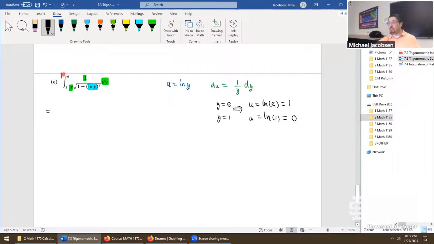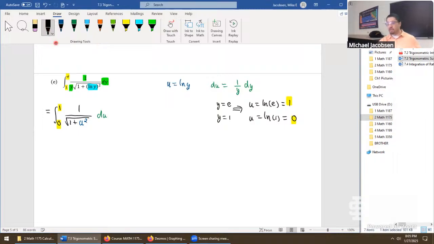Let's put this all together. It's now a definite integral from 0 to 1. So just a little highlighting here to convey what in the world happened to our limits of integration. The 1 over y dy all turns into du. Below we have square root 1 plus u squared.